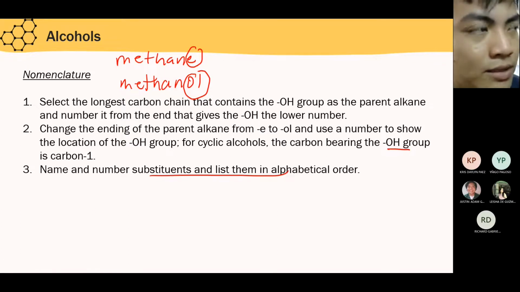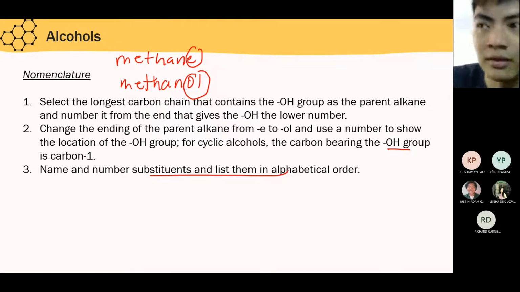Okay? So basically, in a sense, parang alkane lang siya. However, yung OH, pag meron nun, ang gagawin ninyo is that yung E ng alkane, it will be converted to all. Okay? So, methane, methanol. Ethane, ethanol. Propane, propanol. Butane, butanol. So on and so forth. Okay?